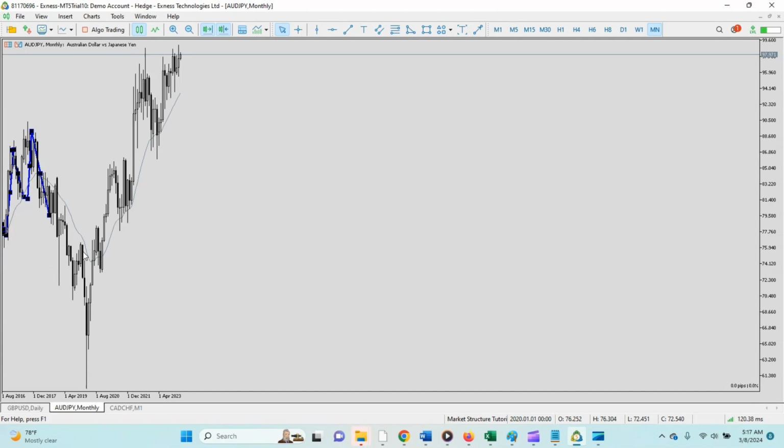So it continued breaking, retrace, break. Now the market reversed by breaking this structure. So as soon as the market broke this structure, it retraced, continued. It broke this structure to go up.